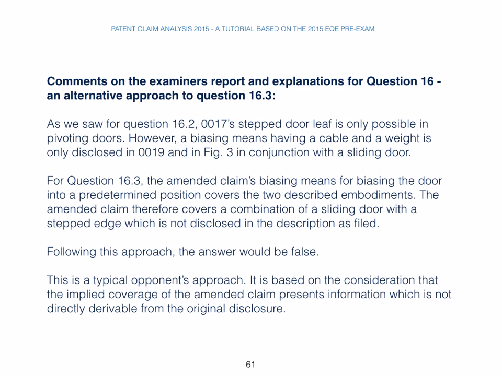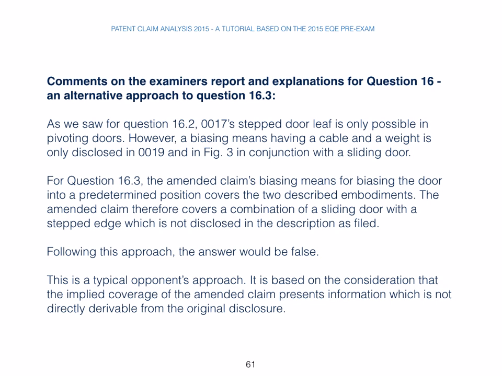For question 16.3, the amended claim's biasing means for biasing the door into a predetermined position covers the two described embodiments. The amended claim therefore covers a combination of a sliding door with a stepped edge which is not disclosed in the description as filed. Following this approach, the answer would be false.